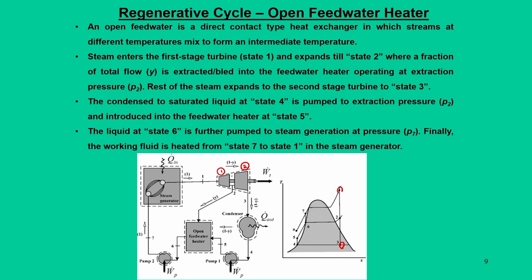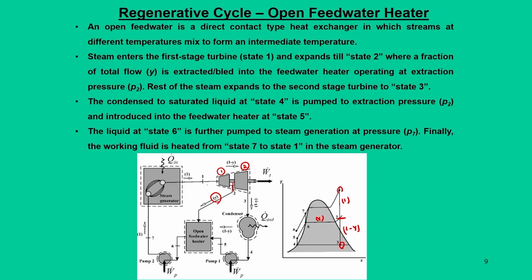So, during this expansion process, when the steam enters the turbine at state 1, after certain expansion, that is at state point 2, we tap Y quantity of steam. Suppose we have 1 unit of steam entering; at state 2 we tap Y quantity of steam and allow the rest, 1 minus Y quantity, to expand in the next stage turbine.